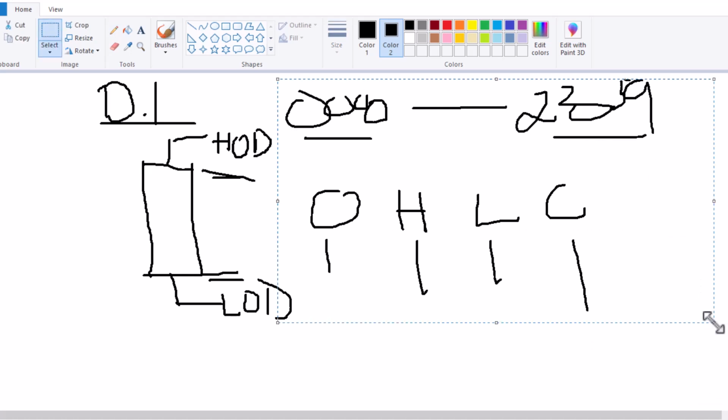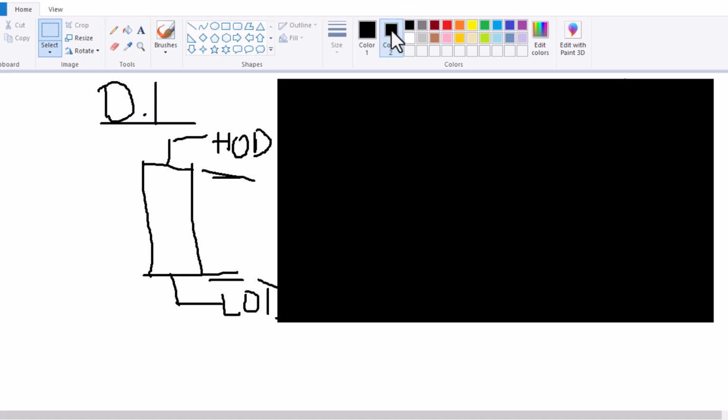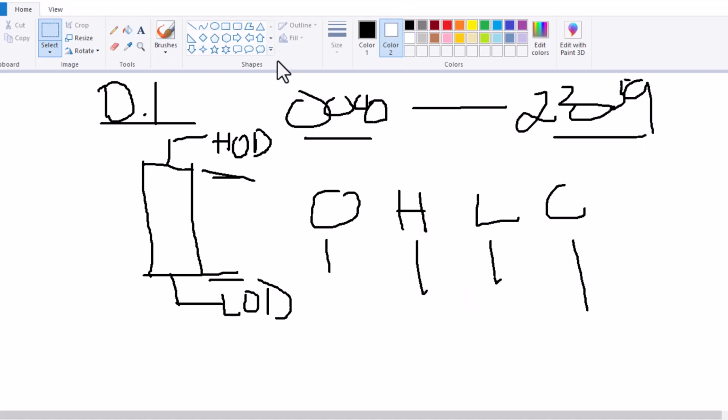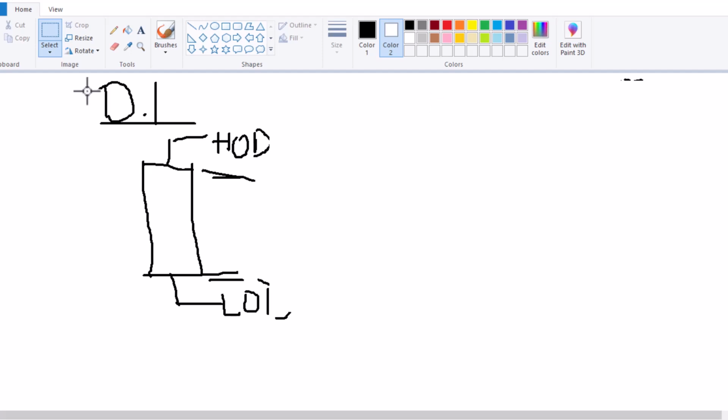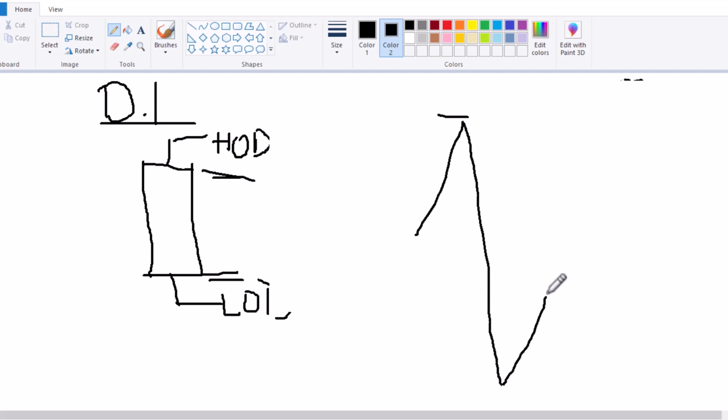I want to show you how I'm thinking about this, how I'm seeing it, and how we can take advantage of it. So let's take, for example, the price opens, it goes up and goes down. If we are looking at the M15 or the H1, what you're going to see is very simple and very striking. Price goes up to form the daily high, goes down to form the daily low, and comes back to close.